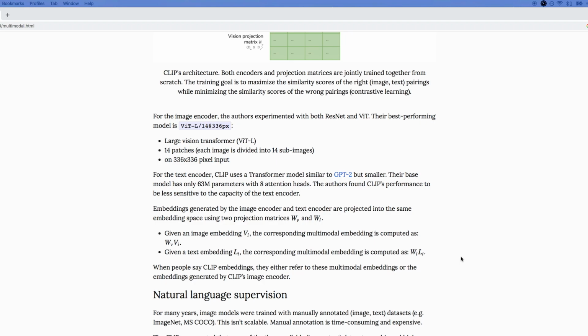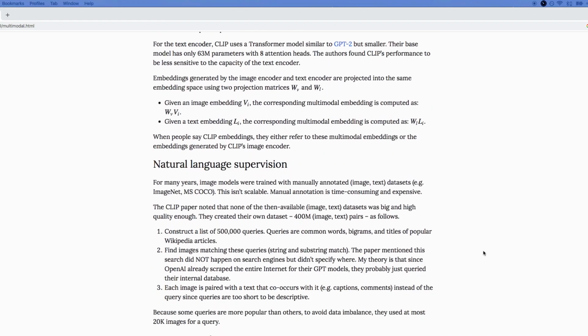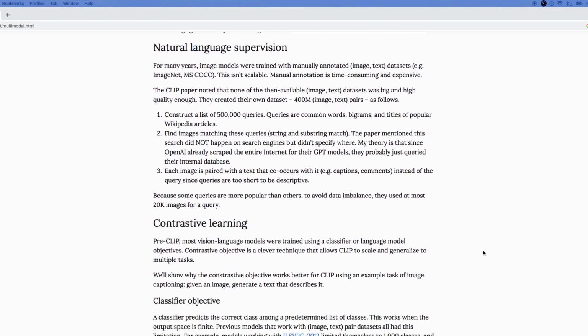Given an image embedding Vi, the corresponding multimodal embedding is computed as WV times Vi. Given a text embedding Li, the corresponding multimodal embedding is computed as WL times Li. When people say CLIP embeddings, they either refer to these multimodal embeddings or the embeddings generated by CLIP's image encoder.